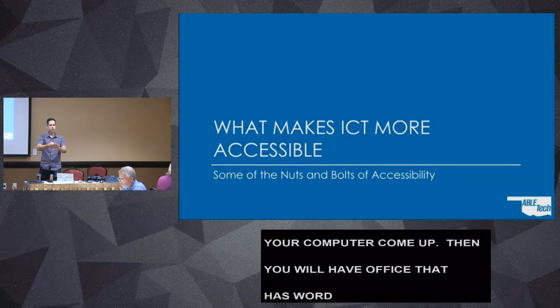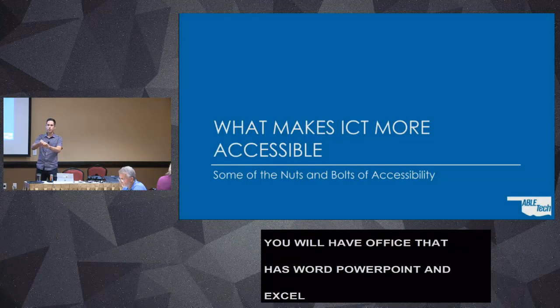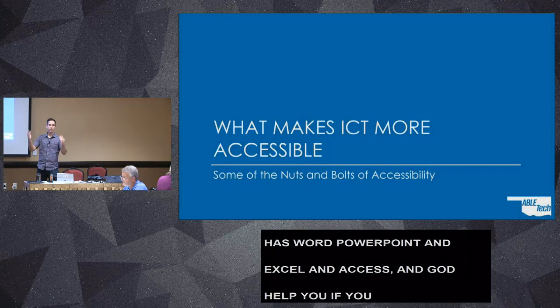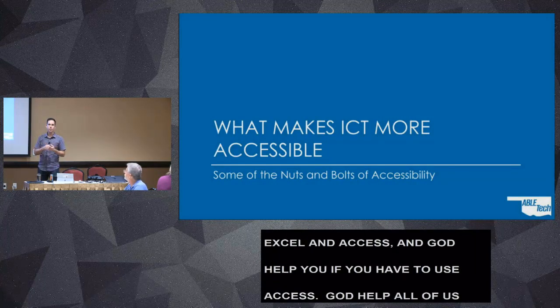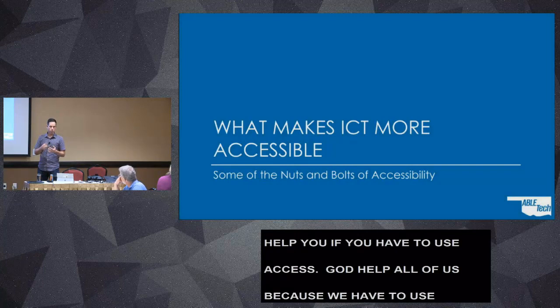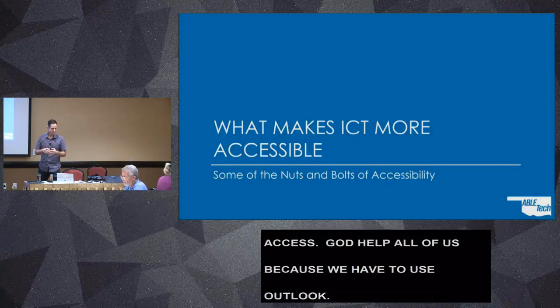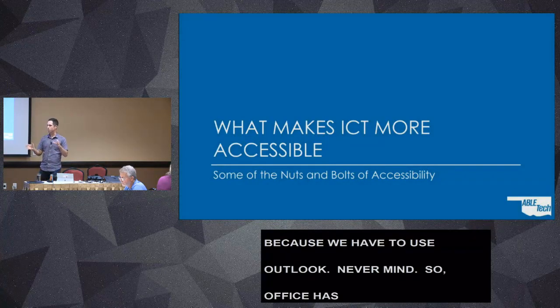Excel, Access potentially. God help you if you have to use Access. Outlook. God help all of us because we have to use Outlook, right? And know what I mean, eh? Anybody getting, never mind. So, so Office has all the productivity stuff that's installed. So there's two different versions you're looking at.